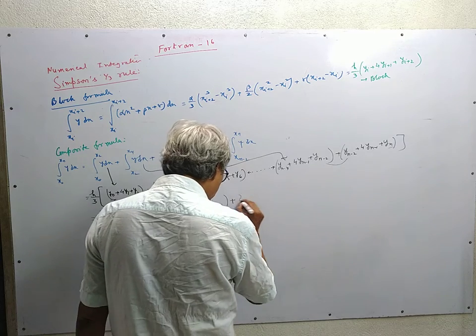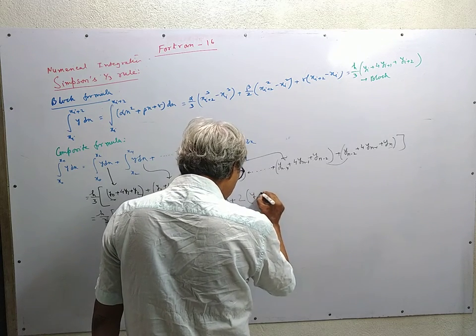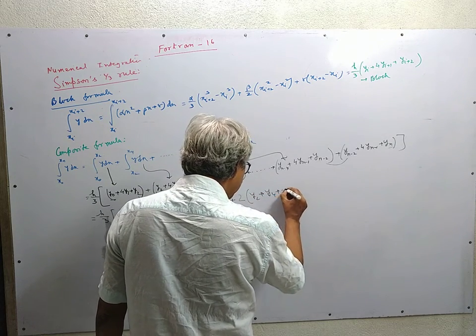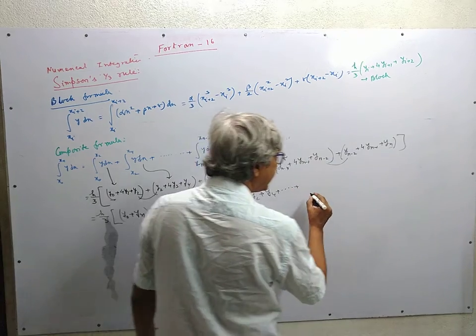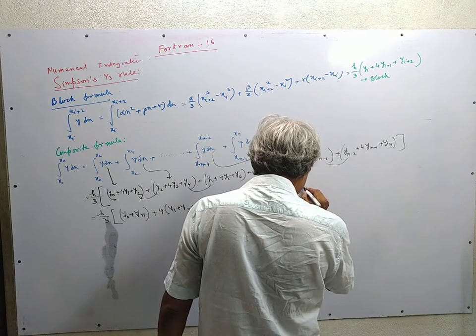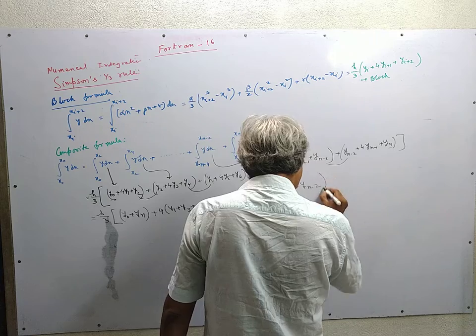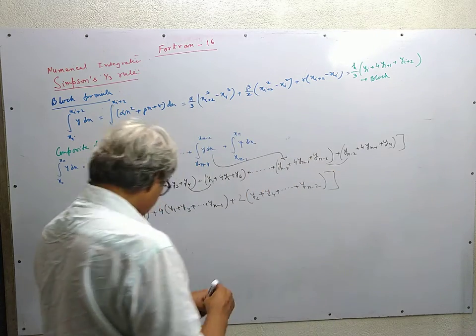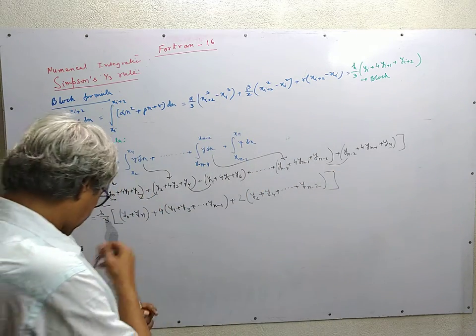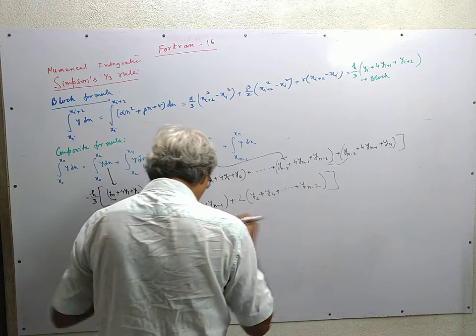So this is 2 times y2, y4, y6 up to yn minus 2. So this is the composite formula. This is the composite Simpson formula.